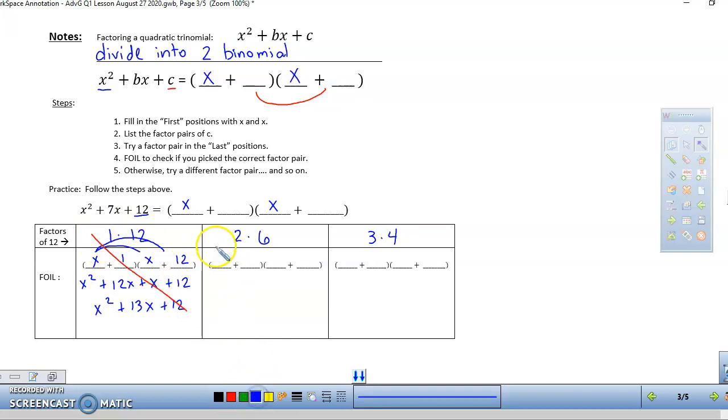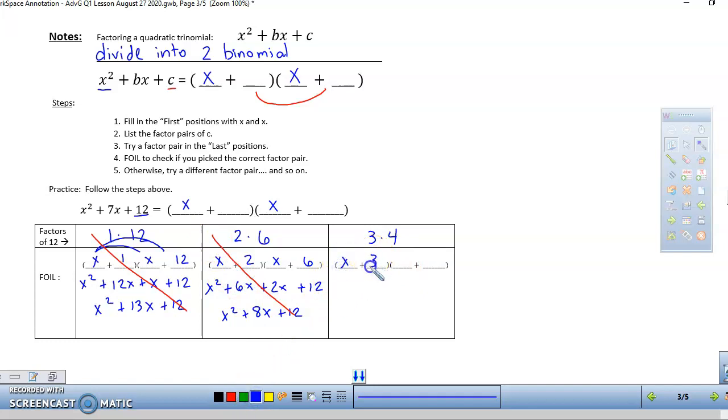Next one. So we're going to put in the x plus 2 and the x plus 6. I am going to start going a little faster. So 2x and then plus 12. Combine like terms. And that one doesn't work. Again, the 8x does not match. So hopefully it's this one.